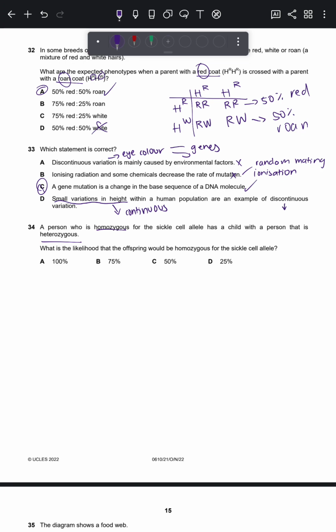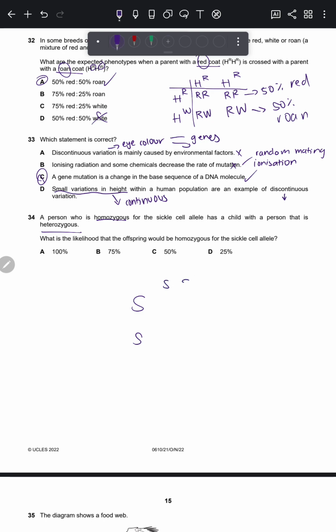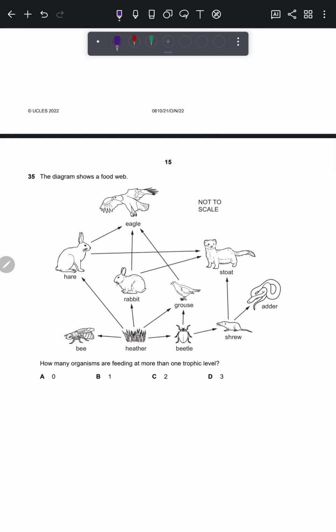So we don't know if the sickle cell is actually dominant or not, but someone who is homozygous, let's just say they're big S, and someone who is heterozygous, actually I would do this. So the dominant one is someone without sickle cell. Okay, so if we cross it, we get actually 50% with sickle cell alleles. So that should be our answer.